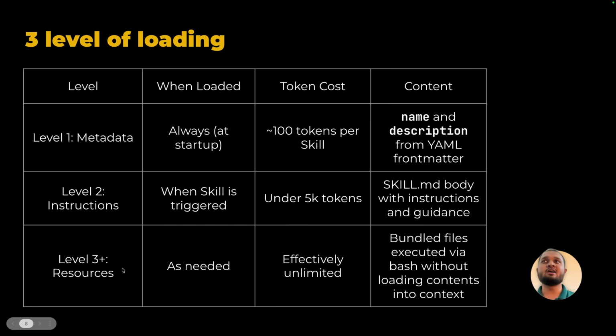Now level 3 comes, where the resources come into the picture. It can be any forms.md file or any scripts or any other file which you have referred to in your skill.md file, and it will be loaded as needed, and effectively unlimited tokens you can use here. So bundled files are executed via bash without loading content into context. This is an important point.